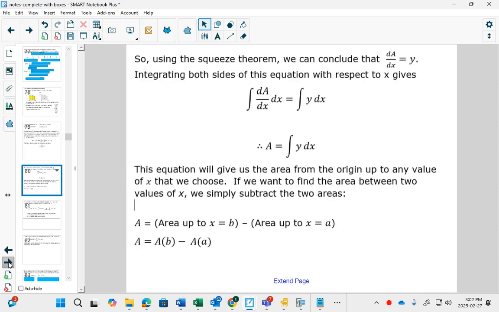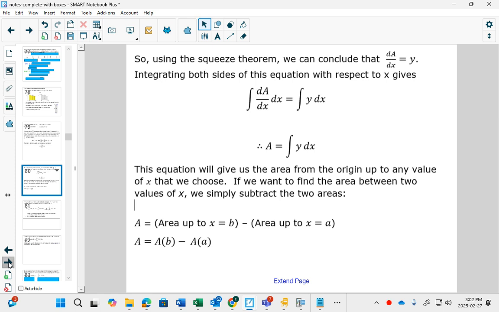And then if you integrate both sides, here we could do our antiderivative. The integral of dA/dx is just A. And it says, therefore, the area is the integral of y.